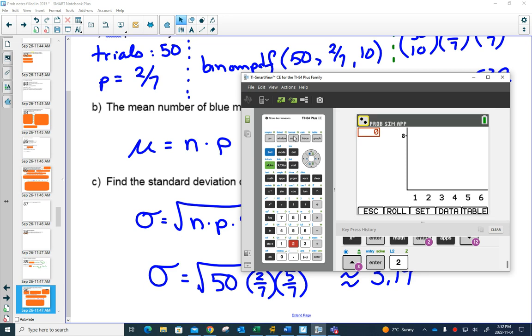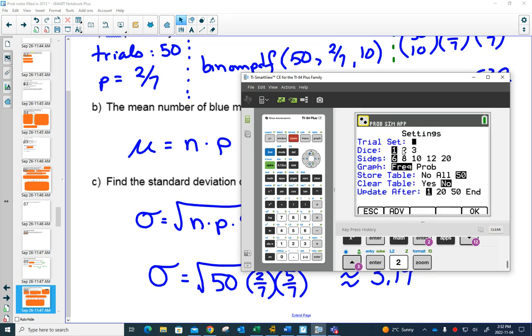Let's see. I want 2 dice, 6-sided, we'll go with 6-sided. Update after, okay. What happens? Let's look at this. And we can graph a frequency.